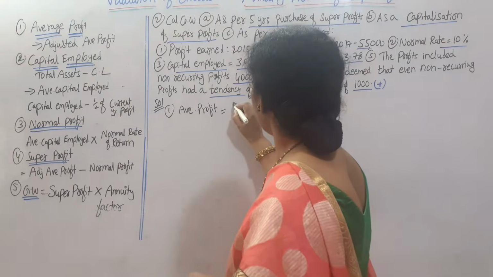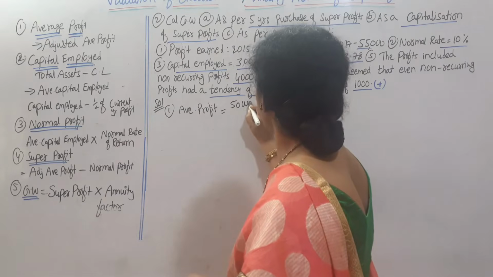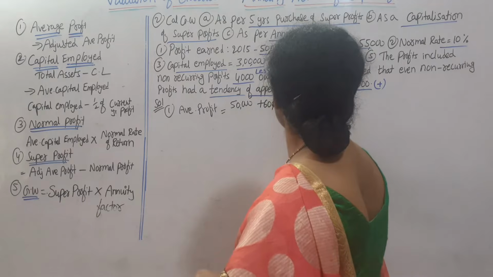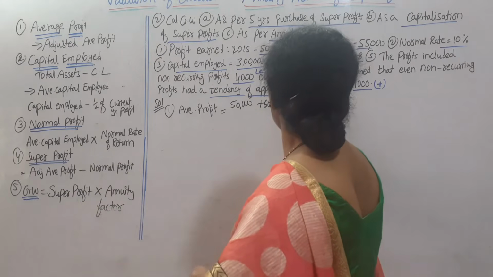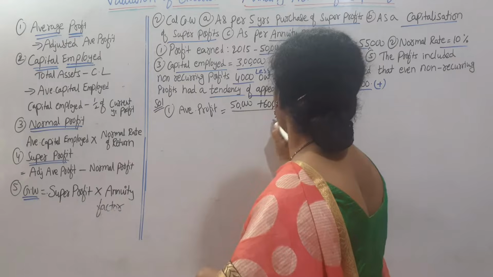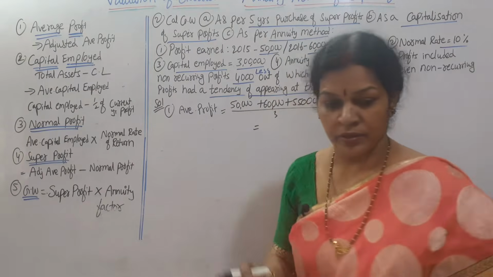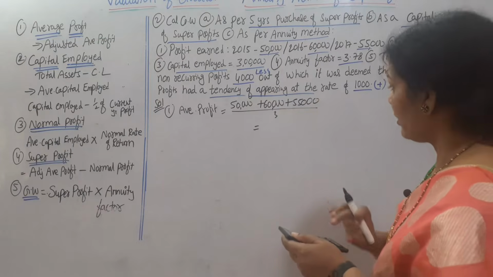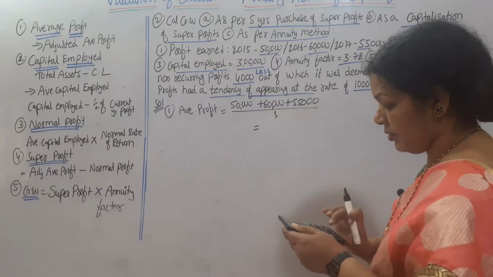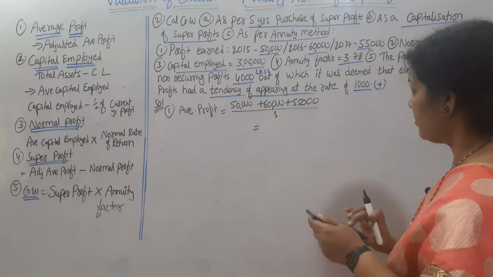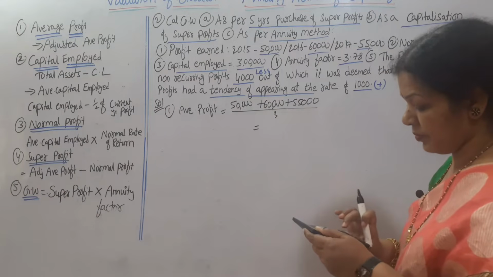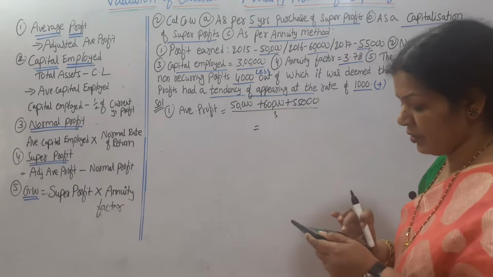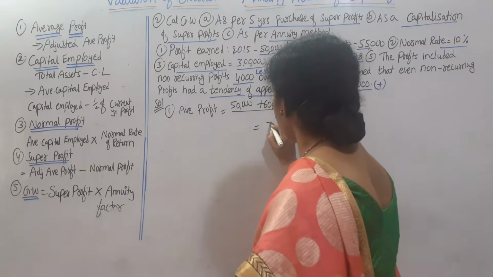Now directly I am writing profit of 50,000, 60,000 and 55,000 by 3. 50 plus 60, 1,10,000, plus 55,000, 1,65,000 divided by 3. 55,000 is the average profit.